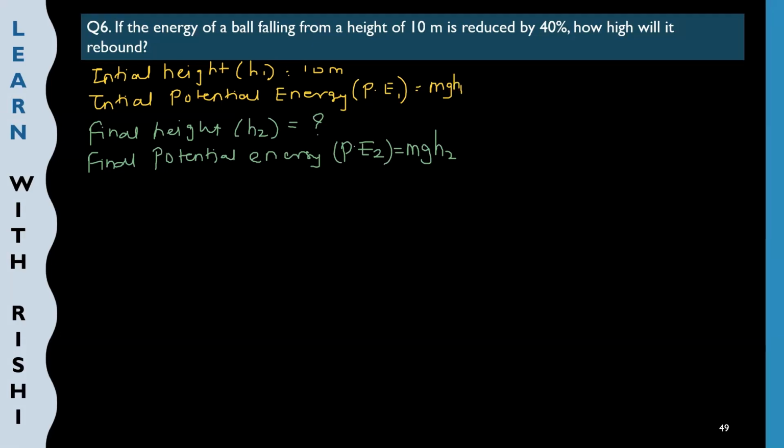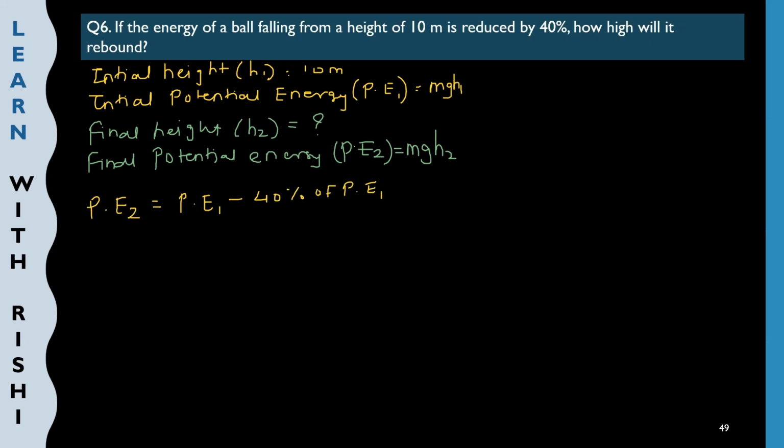Now, if you read the question carefully, reduced by 40% means initially there was some potential energy and 40% of that potential energy is reduced in the second case. So here I will write potential energy 2 is equal to potential energy 1 from the first case, the initial potential energy, minus 40% of potential energy 1.